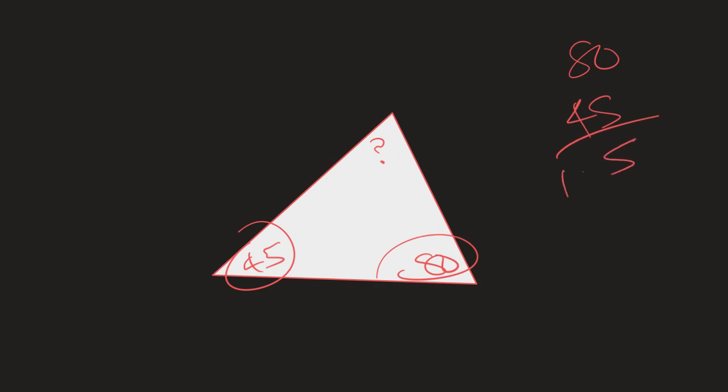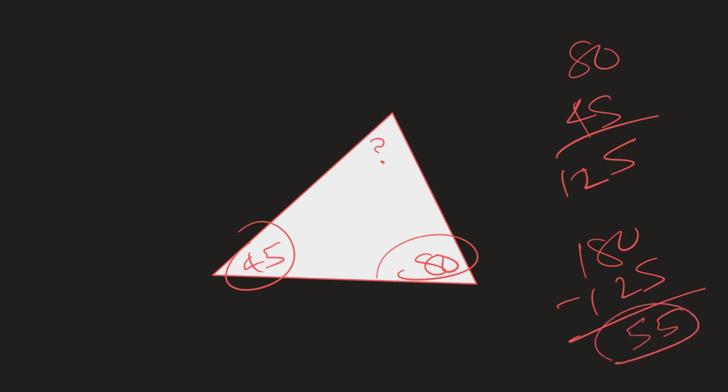Let's take a look at another one here. What do we got? We got 45 and 80. So 80 and 45 is going to be what? 125? And 180 minus 125, I believe, is going to be 55.